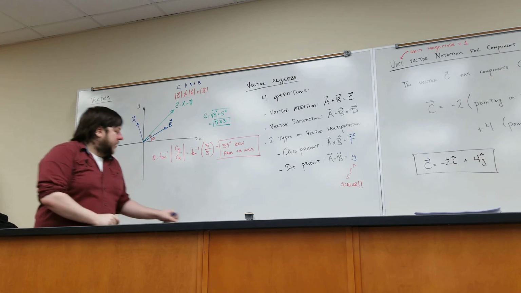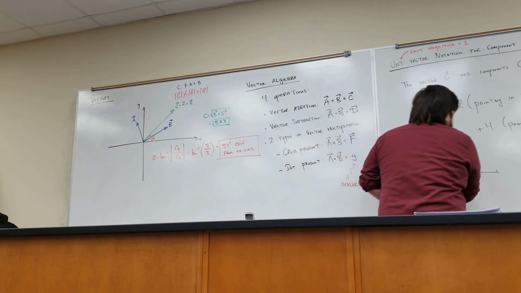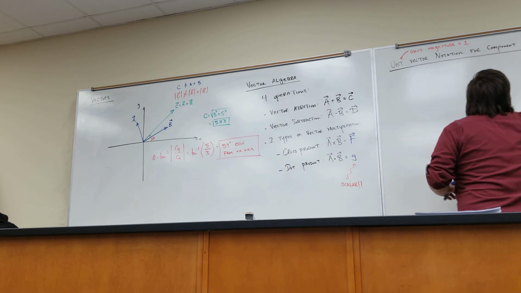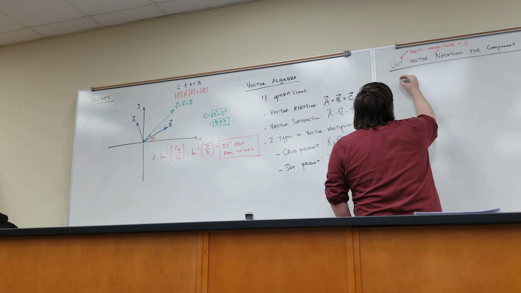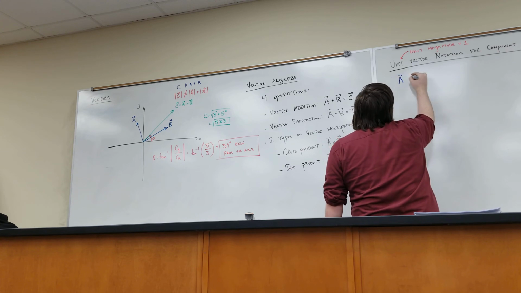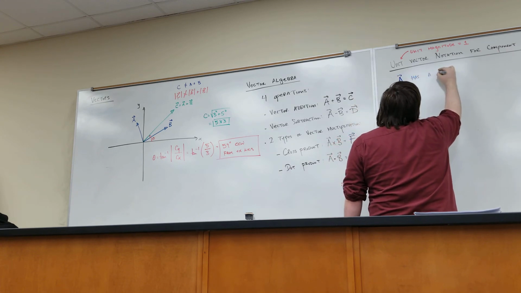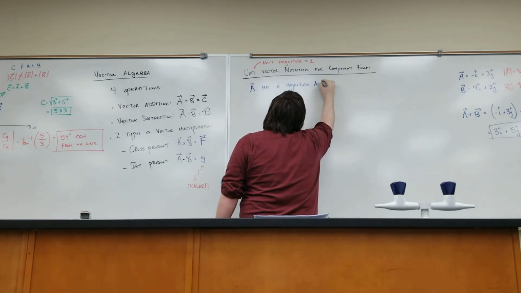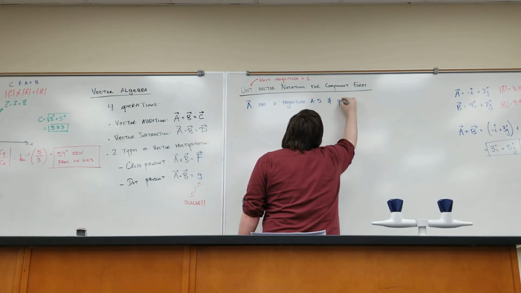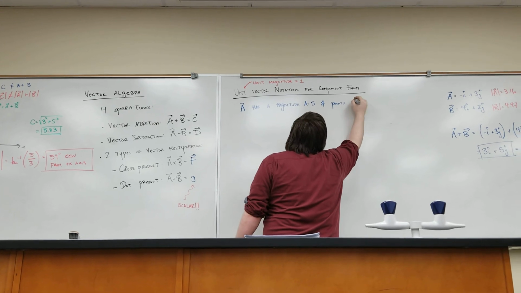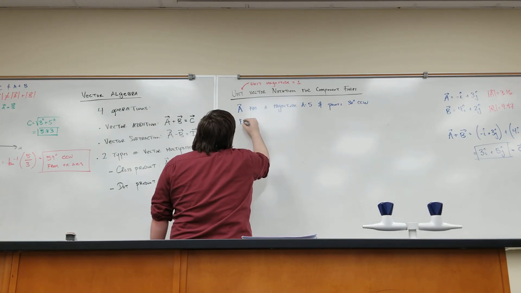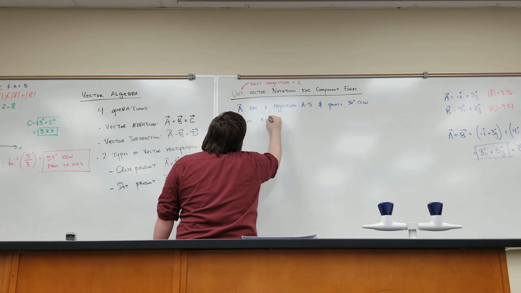Okay, so if I tell you A has a magnitude A equals 5 and points 30 degrees counterclockwise from the x-axis.